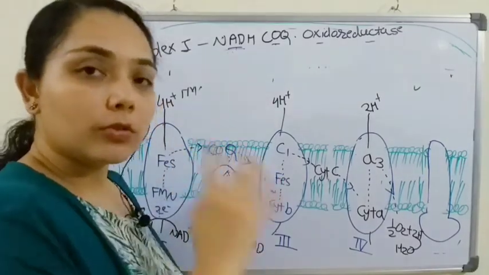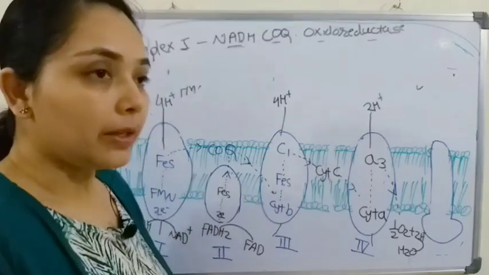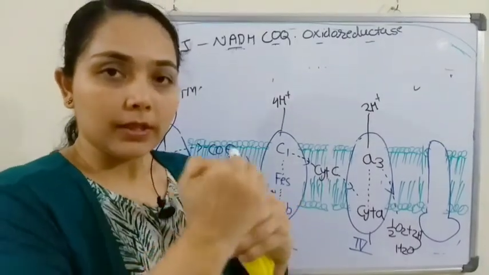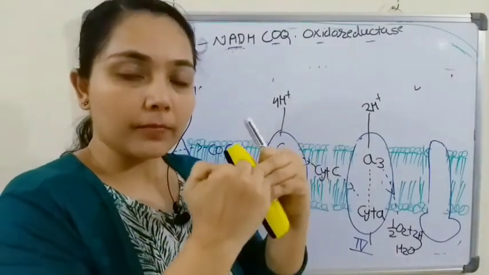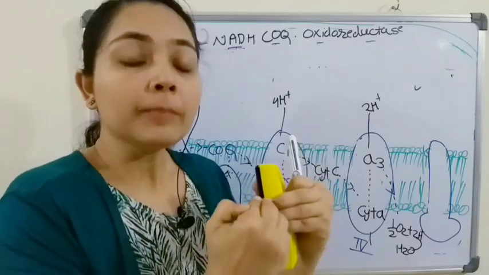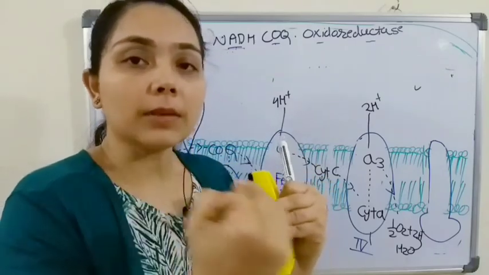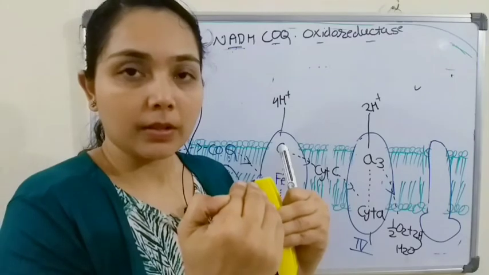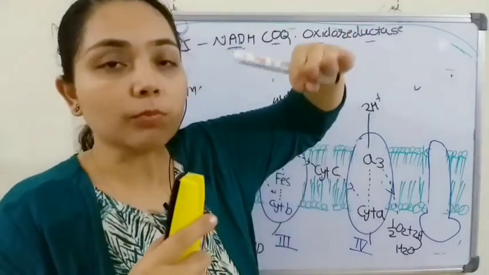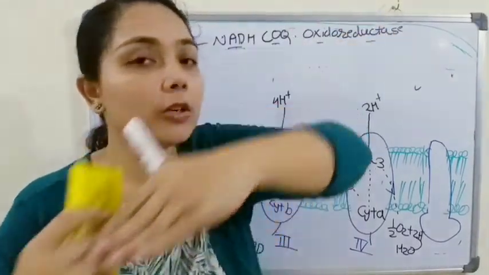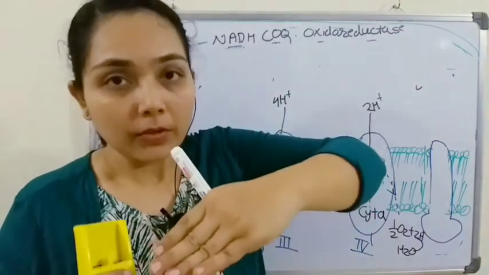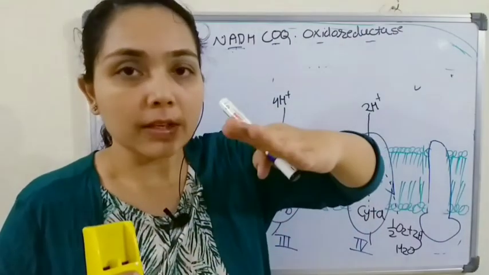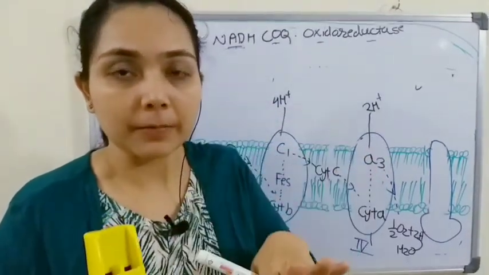Got it? So what will happen here, as these electrons are passing from one complex to another, there is a release of some sort of energy. Because if something is moving from a high energy level to a low energy level, there is a release of energy, we get free energy here.